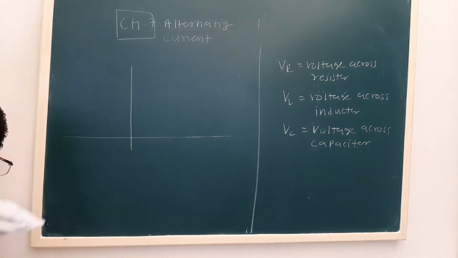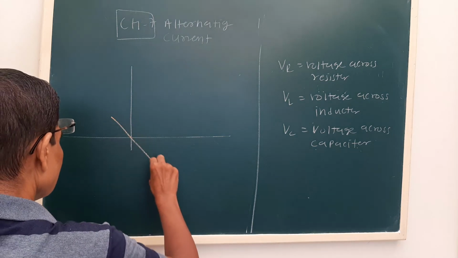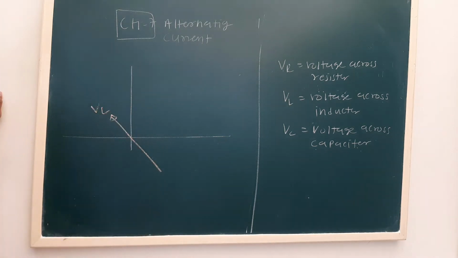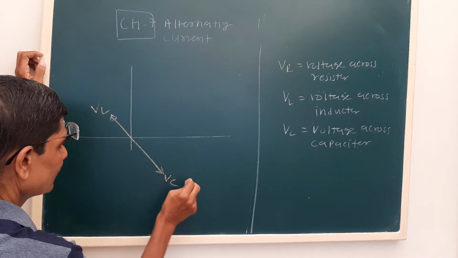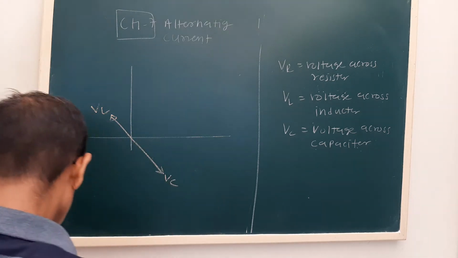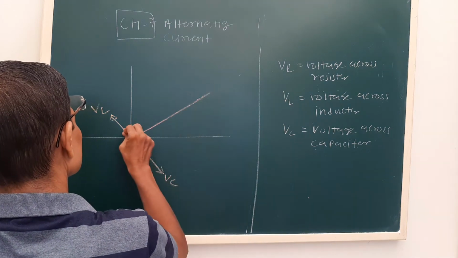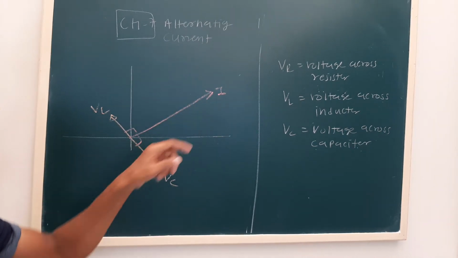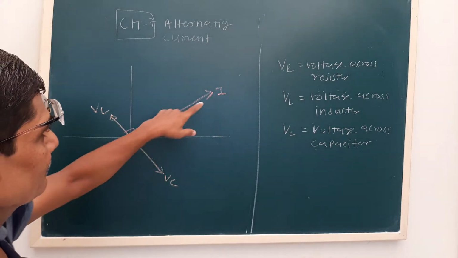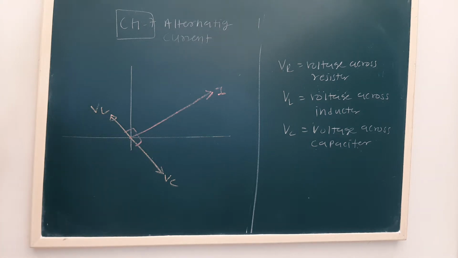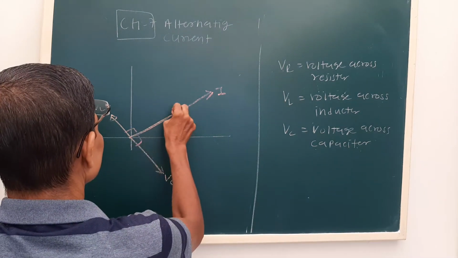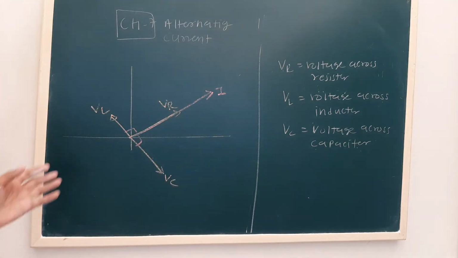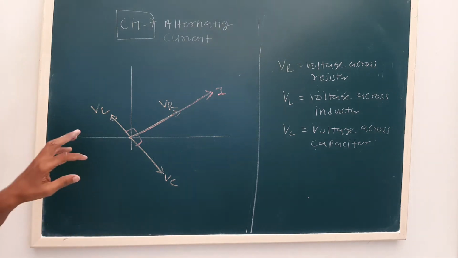Let us say this is our coordinate axis. We have seen that VL and VC are in opposite phase. Let us say VL and VC. Our current is I. The inductor current is behind the voltage by pi by 2. In the capacitor, the current is ahead of the voltage by pi by 2. And the voltage across resistor is VR. So we have shown all three phasors in the same diagram.